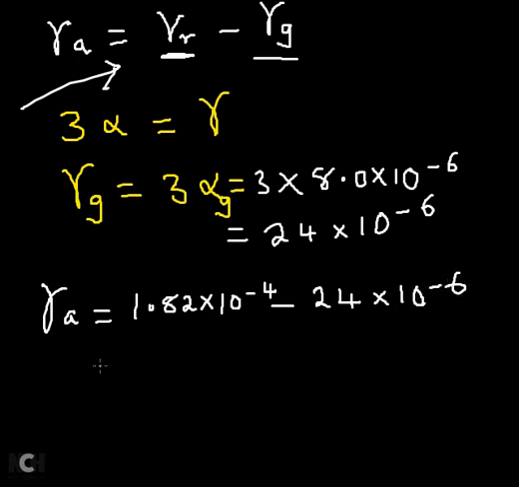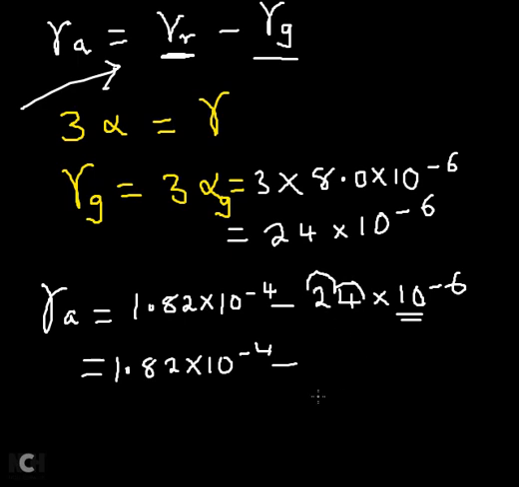Okay, so how do we actually subtract this? The way to subtract this is basically that I'm going to write this in a standard form in such a way that this power of 10 will be raised to the power of minus 4, so that I can factorize. How do I do that? I'm going to have 1.82 times 10 raised to the power minus 4, then minus, I'm going to move the decimal point 2 times.